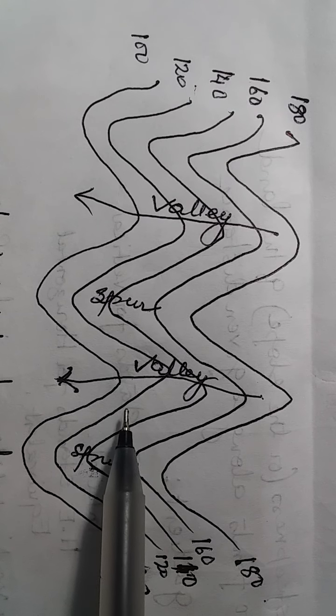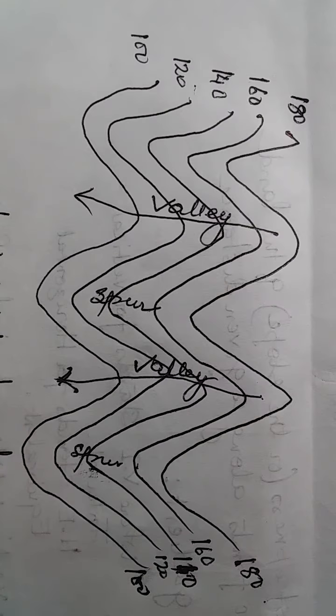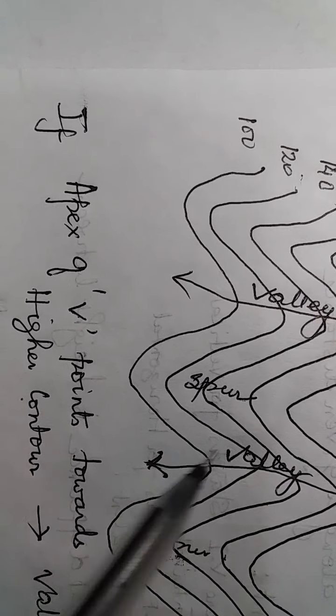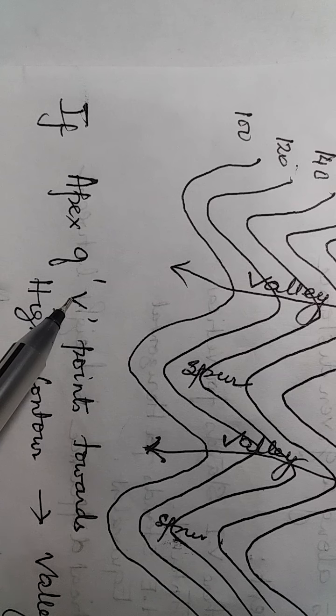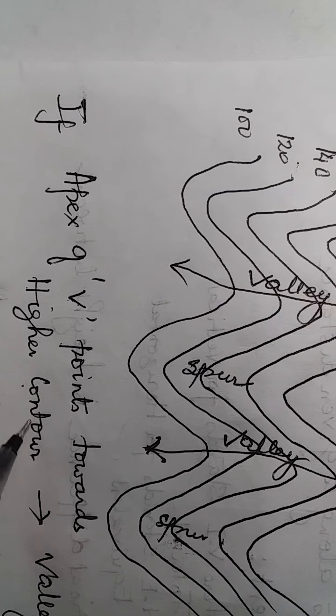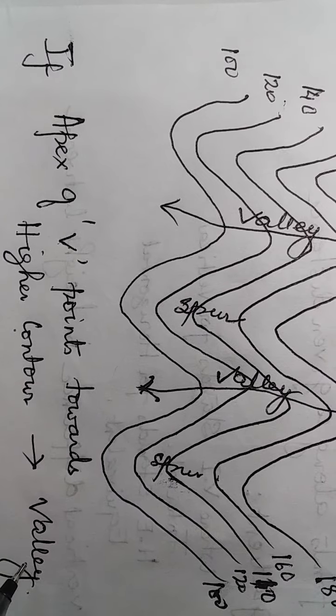Now how to identify them on the topo sheet? By seeing the pattern of the contours. There is a rule here. Since it is a V pattern, if you refer to the alphabet V, this point is referred to as the apex. If the apex of V is pointing towards a higher contour, then it refers to a valley.